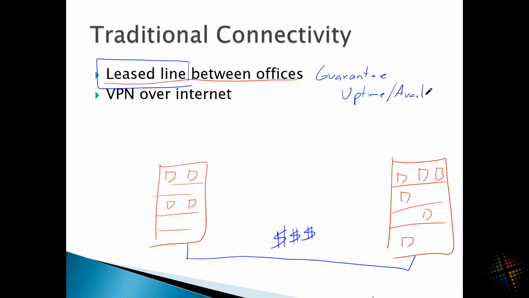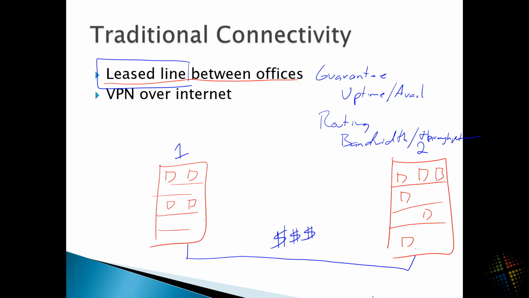Because building number 1 and building number 2 are the only 2 buildings connected to that system, you are guaranteed that you are able to connect from point A to point B. Additionally, because only 2 cables are connected together, your routing is a whole lot easier. And then lastly, you're also guaranteed bandwidth or throughput. That's what it says, even though you can't read it. So you are guaranteed all this stuff by having the leased lines.